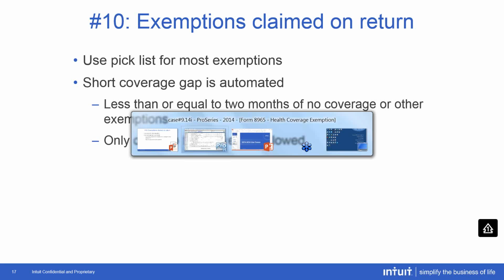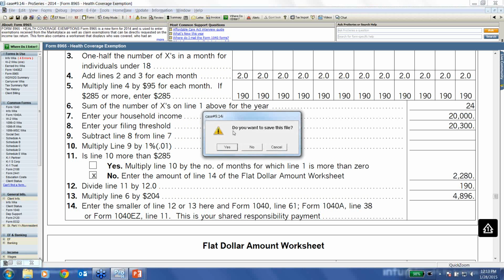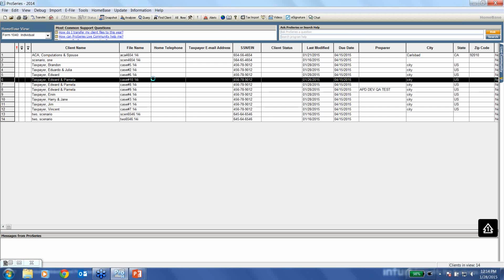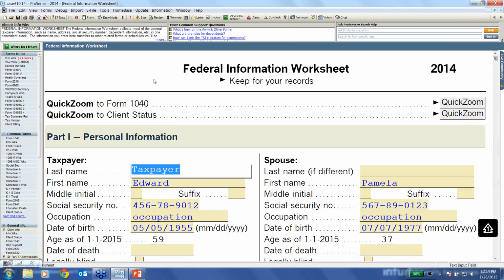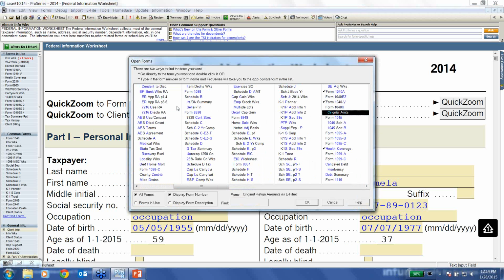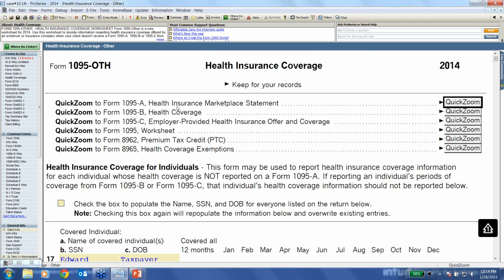So I go over to home base, and we pull up number 10. We'll go to that miscellaneous screen.